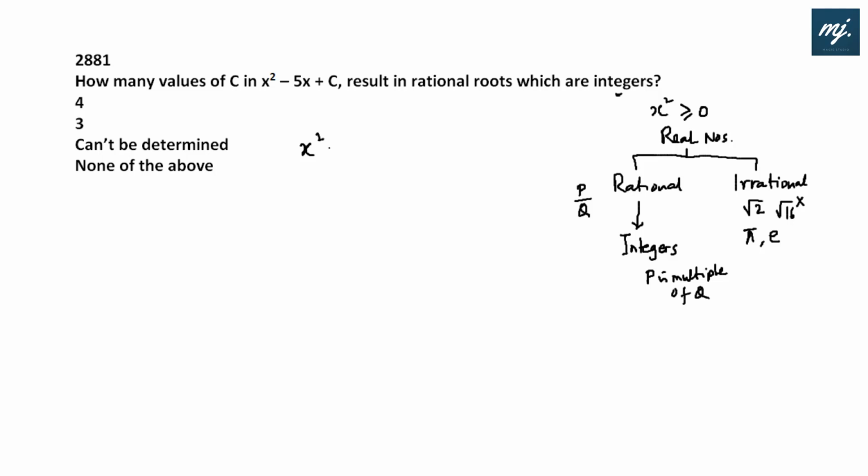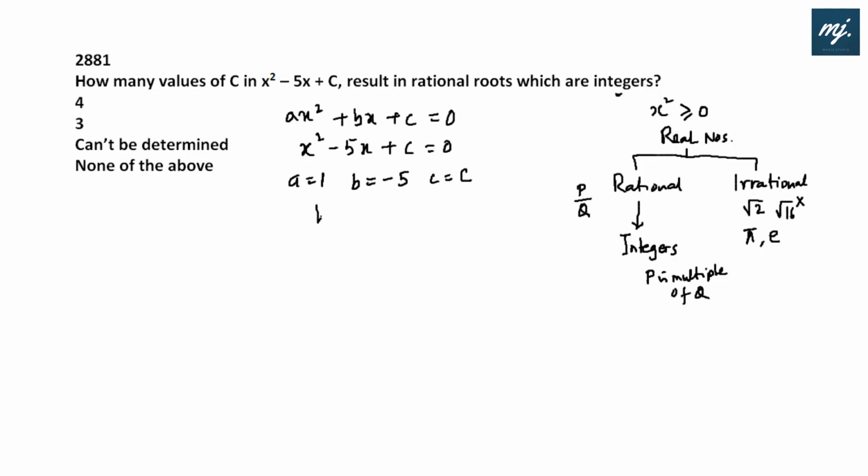Coming back to our question, how many values of C in this result in rational roots which are integers? So if I equate this with 0 and compare with the standard quadratic equation, ax square plus bx plus c equals 0, a is 1, b is minus 5 and c is c.